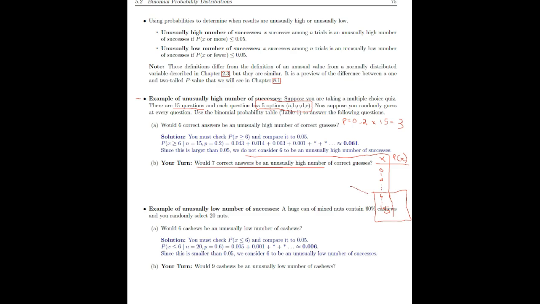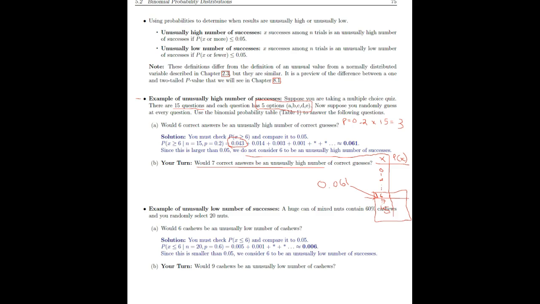If all of these probabilities were equal to 0.061, and I know the probability of 6 exactly was this, which we found on our calculators, then what's the probability of all of these from 7 to 15?